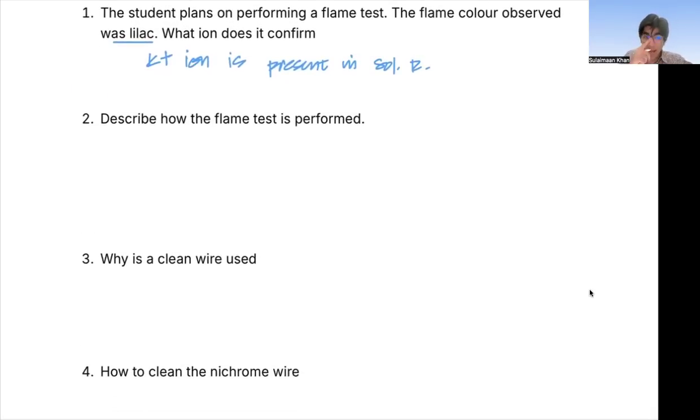Lilac flame test. Describe how the flame test is performed. Now, I am going to describe it in very detail. This much detail is not required. जो detail ऊपर given थी वही काफी थी, लेकिन मैं थोड़ा detail में जाऊंगा। देखो हम क्या करते हैं. We are gonna dip a clean nichrome wire in solution R. ठीक है जी, हमने इसमें डाल दिया। और अब हम फिर क्या करेंगे सर.